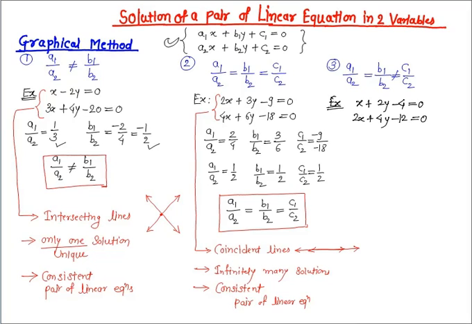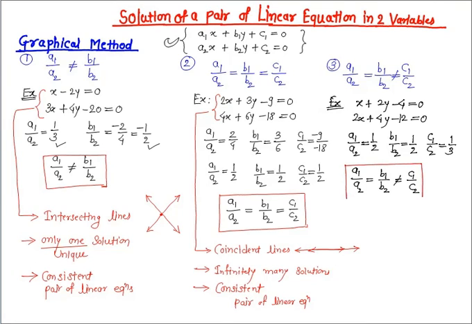Now if you compare coefficients of x, coefficients of y and constants c1 and c2, you get a1 by a2 equals to 1 by 2, b1 by b2 equals to 2 by 4, that is 1 by 2, and c1 by c2 equals to minus 4 by minus 12, that is 1 by 3. So we are getting a1 by a2 equal to b1 by b2 and it is not equal to c1 by c2. This is the condition we got.